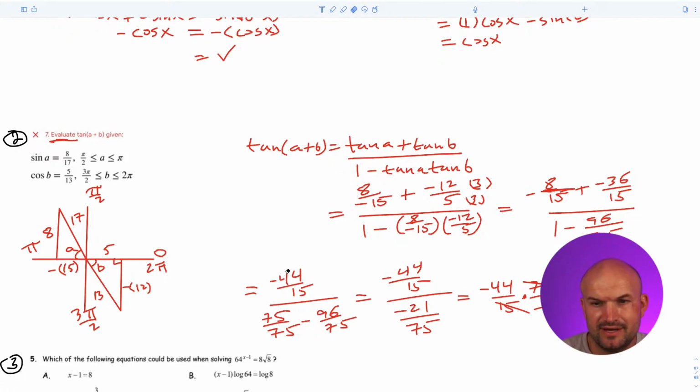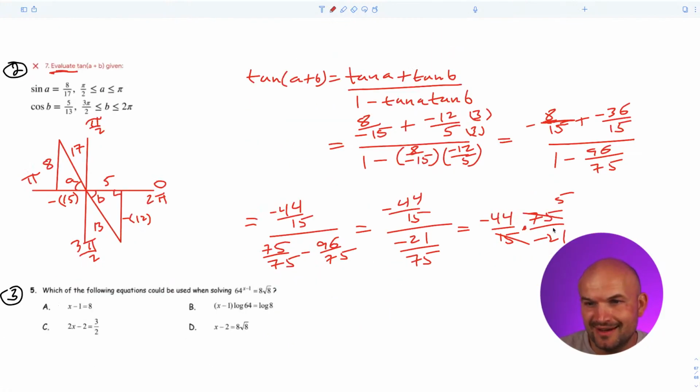Please let me know, guys, if you're checking my work. I am getting negative 220 over 21, but a negative divided by a negative is actually a positive, so that should be positive 220 over 21. And that's what I have.